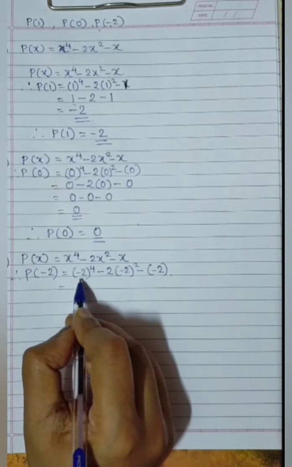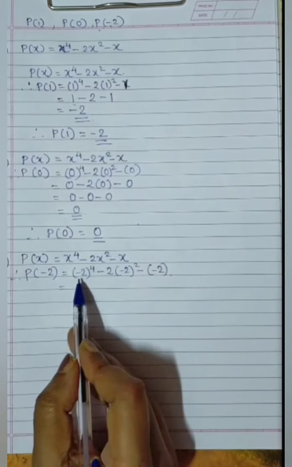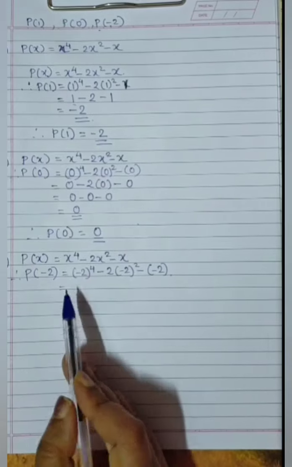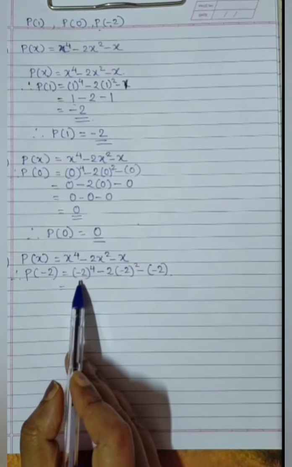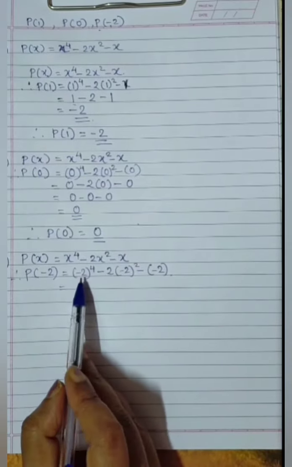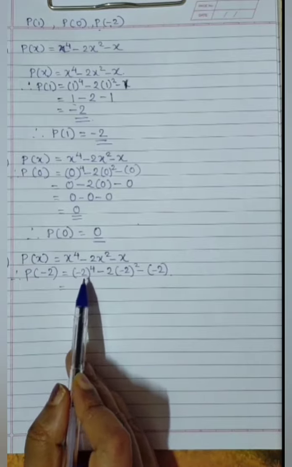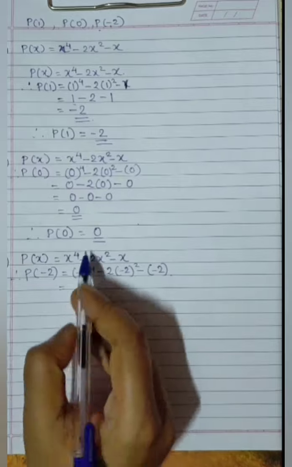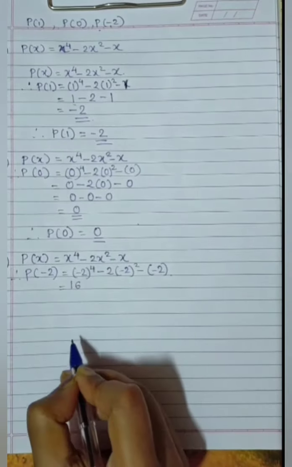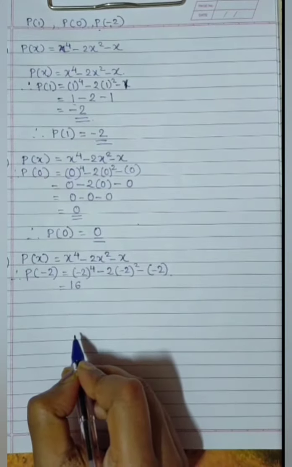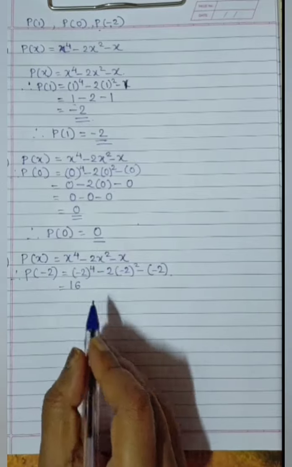Now here, the square of 2 is what? Sorry, not square, here the power 4 is given. So 4 times we have to multiply 2, and the minus sign will become plus. So here 16 will come: 2 times 2 is 4, 4 times 2 is 8, 8 times 2 is 16.